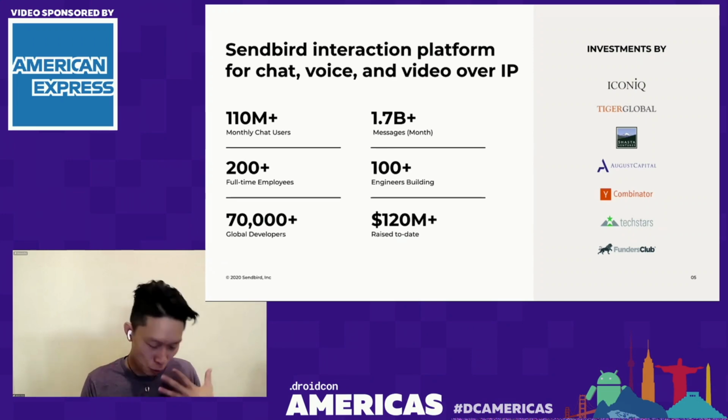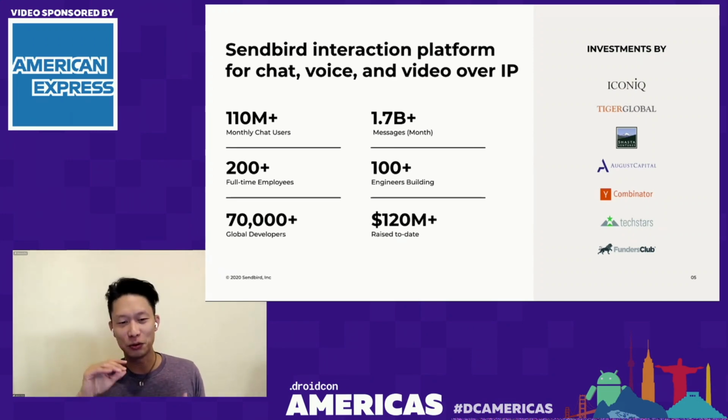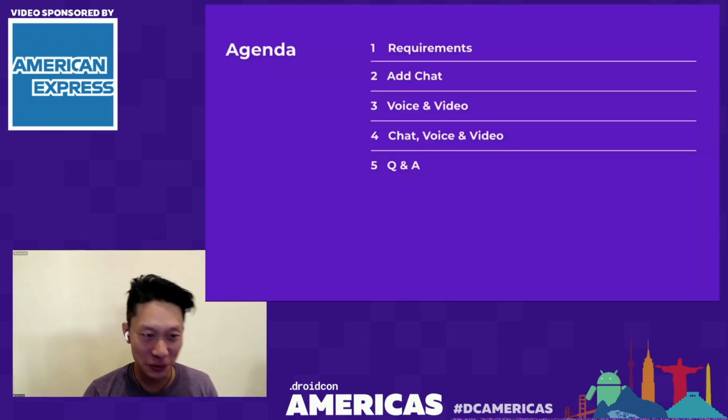We've also got more than $120 million of funding in the last 4 years. It's easy to look at us as an engineering team that adds to your own, and we'll be around for a long time to come, and we'll totally back you up. So that's Sendbird in a nutshell.